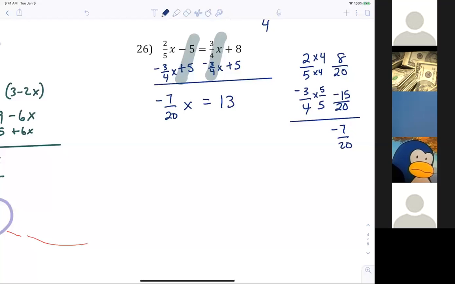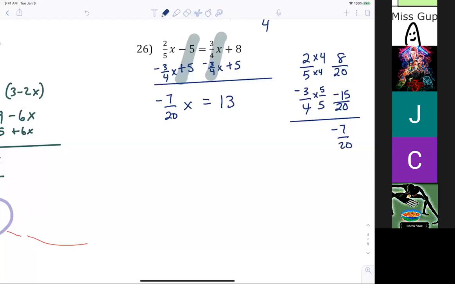Since nobody has any questions with that, now, how do we undo a fraction? We multiply by the reciprocal. So the reciprocal is going to be -20 over 7.